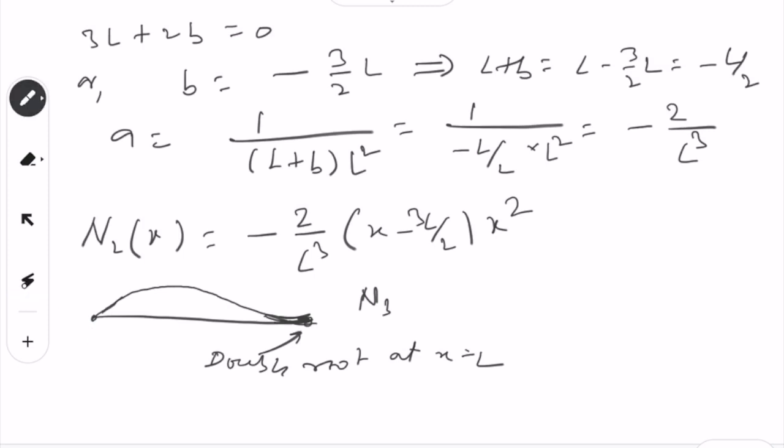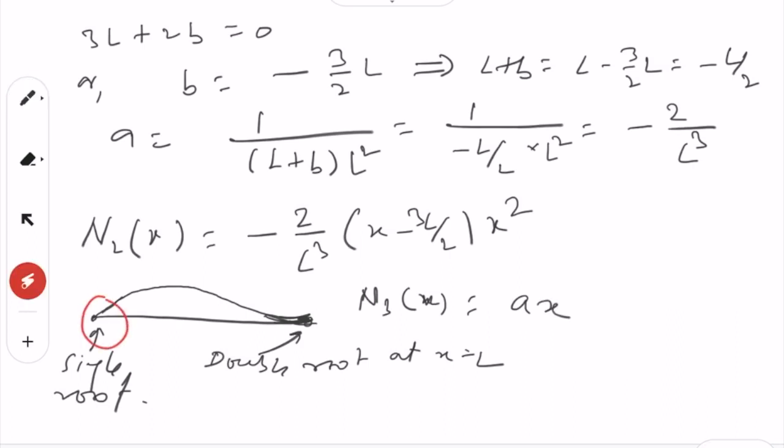So N3(x) may be simply given by a multiplied by x, simply x, because we have a single root here, and here it will be a double root, and hence this will be x minus L square.